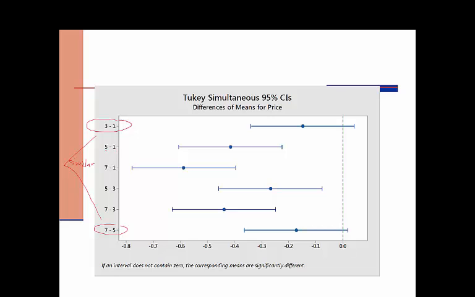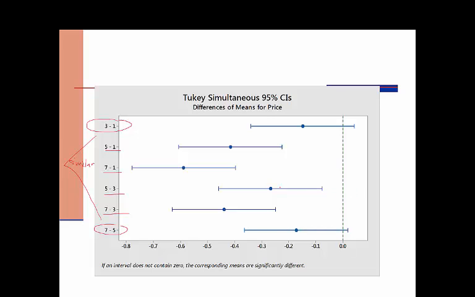All right, and 5 and 1, 7 and 1, 5 and 3, and 7 and 3, they don't have 0 in their pairwise differences. Okay, this is a difference of means plot. All right, so I want you to logically understand what that means. This confidence interval is on the difference in means. So if 0 is in the confidence interval for the difference in means, that means there may not be a difference between the two means.